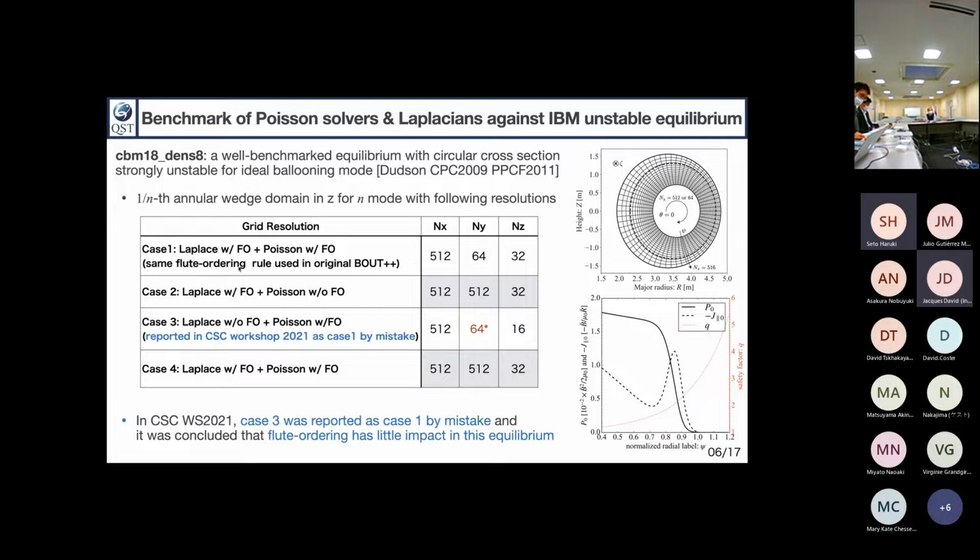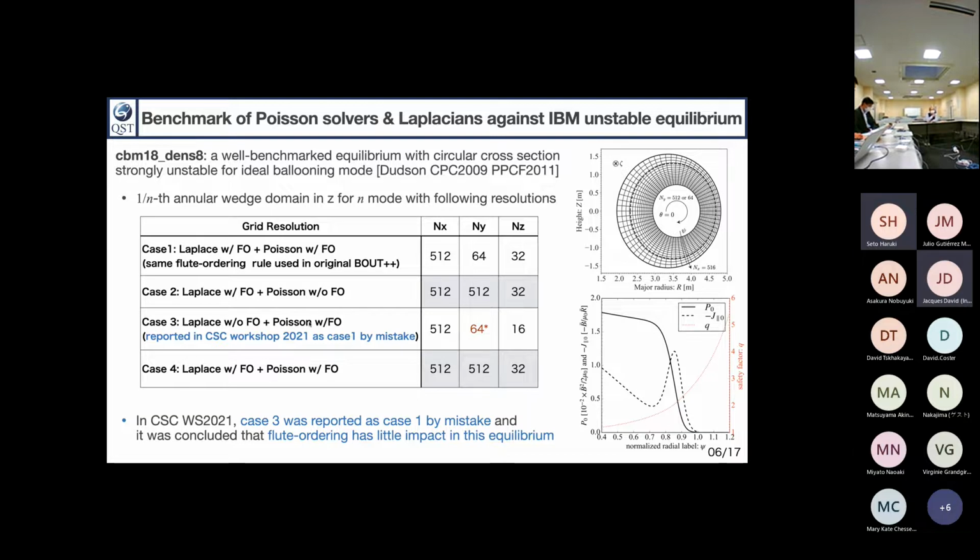In case 1, flux ordering is employed in both the Laplacian and Poisson solver as in the original, but the parallel grid number is reduced to 64. In case 2, the flux ordering is employed only on the Laplacian, so the parallel grid number is set to 512 for the Poisson solver.